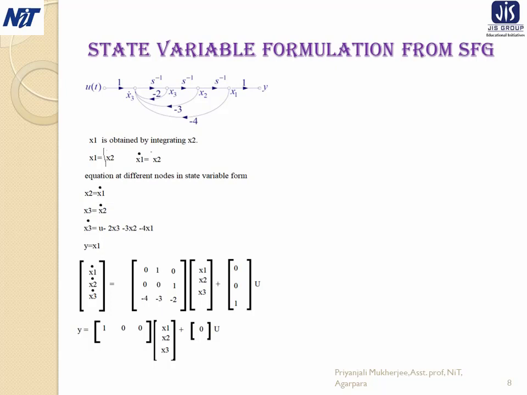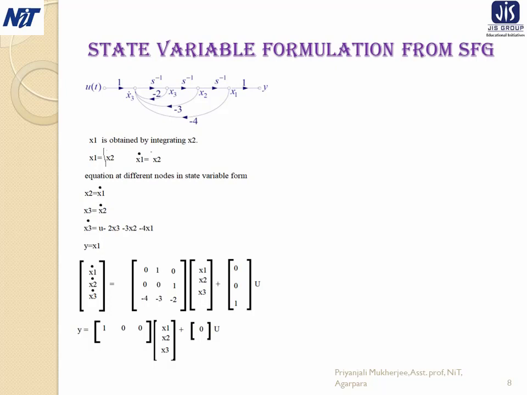So here this is the x dot, that means the first derivative of the state variable. So x1 dot, as x1, x2 and x3 are the state variables, this matrix will be x1 dot, x2 dot and x3 dot, and that is equal to, this one is the A matrix or the system matrix, and it will be n by n order.